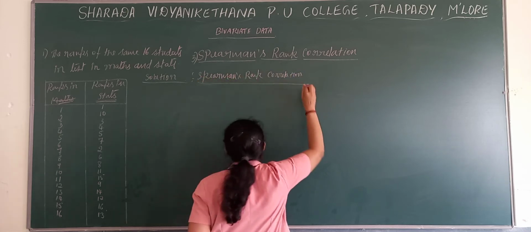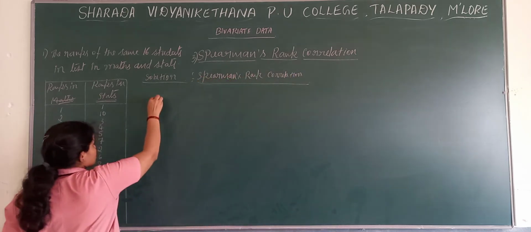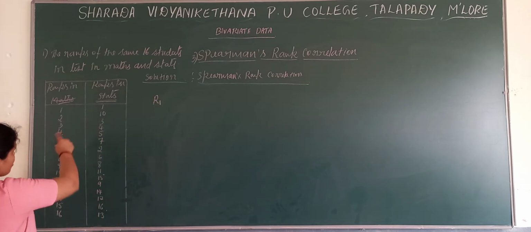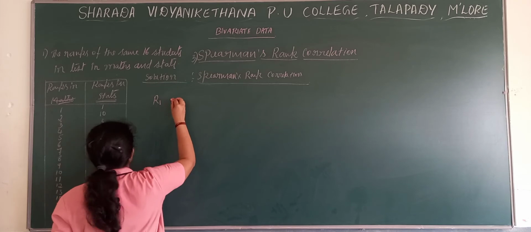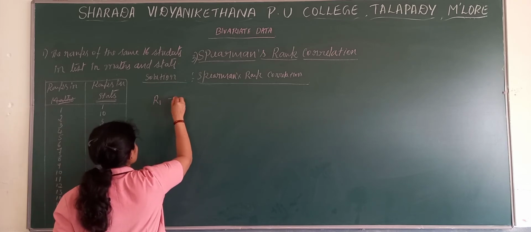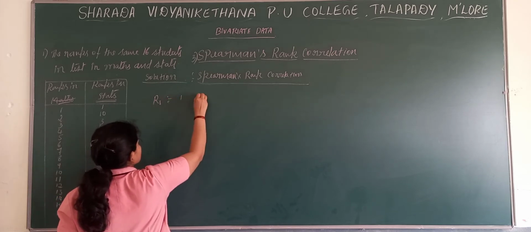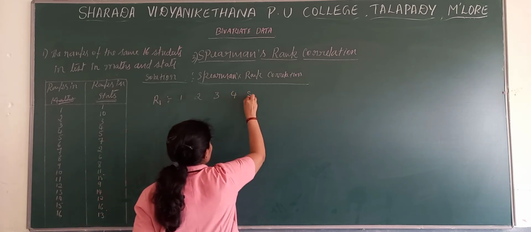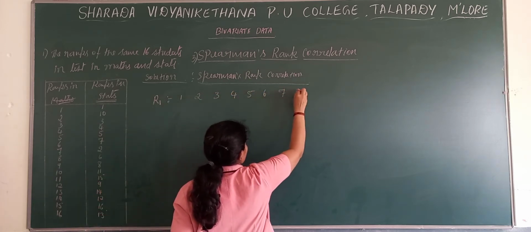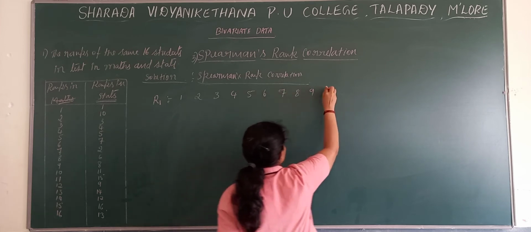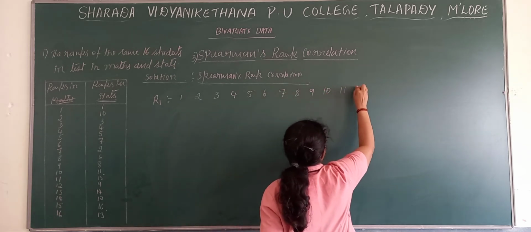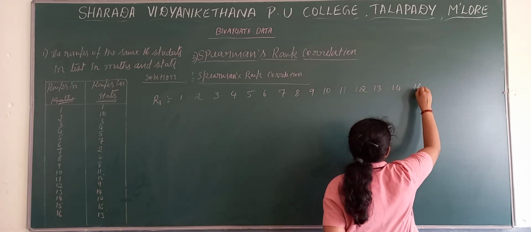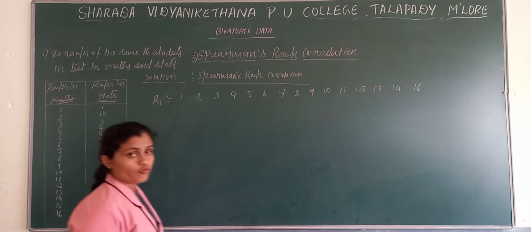R1 is nothing but rank 1, the ranks they have given first: 1, 2, 3, 4, 5, 6, 7, 8, 9, 10, 11, 12, 13, 14 and 16. That is rank 1.